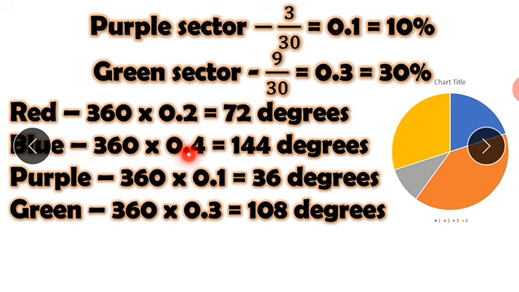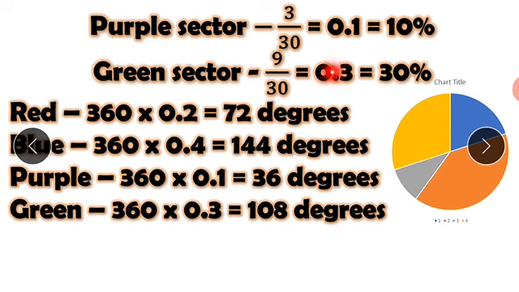Blue is 40% or 0.4. 360 times 0.4 is 144 degrees. Next is purple. 360 times 0.1, which is 10%, the answer is 36 degrees. And green, 360 times 0.3, that is 108 degrees.